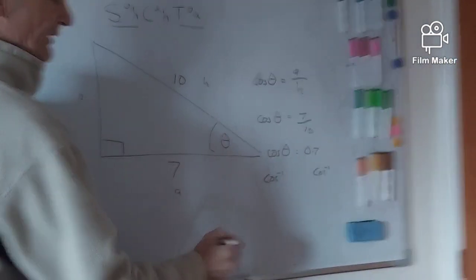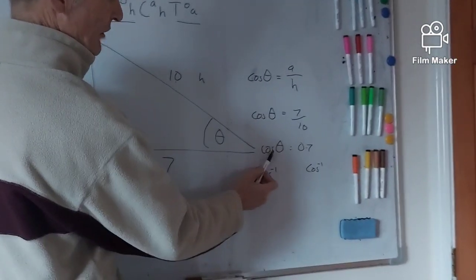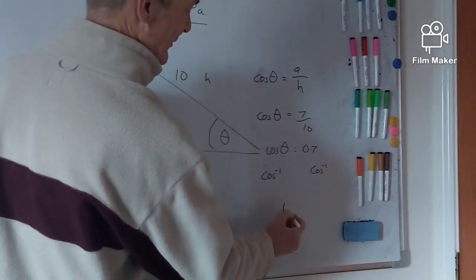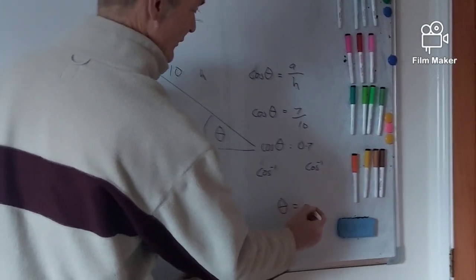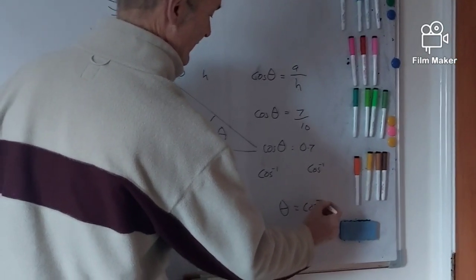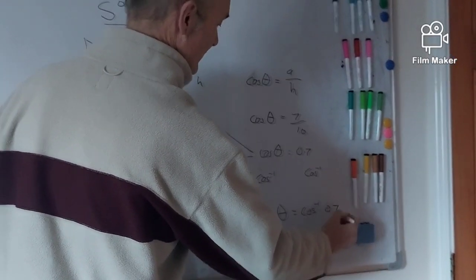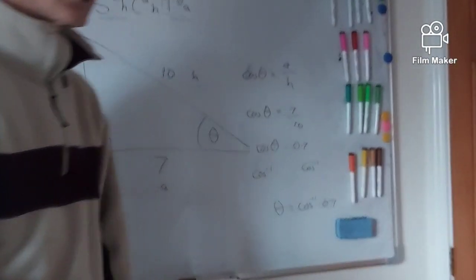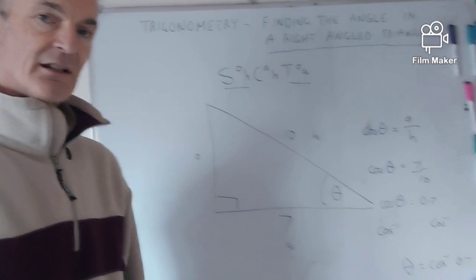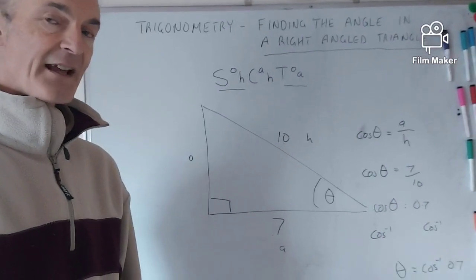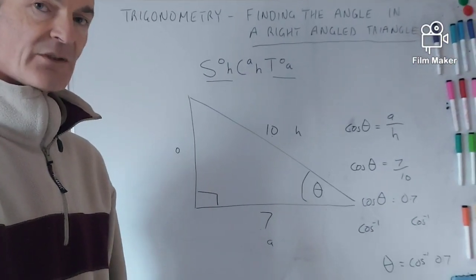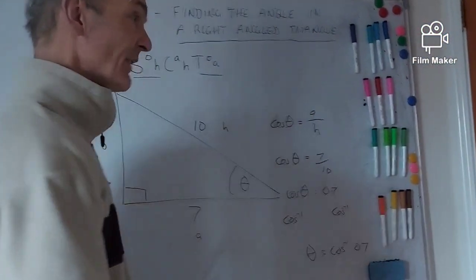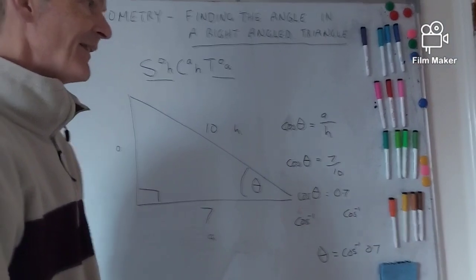So on this side, cos times cos to the minus 1, they cancel out, and we're just left with theta. And on the other side, we're going to get cos to the minus 1 of 0.7. So to convert this into an angle on your calculator, you will press the second function and then cosine and put in 0.7. And if you do that, you will get the angle.